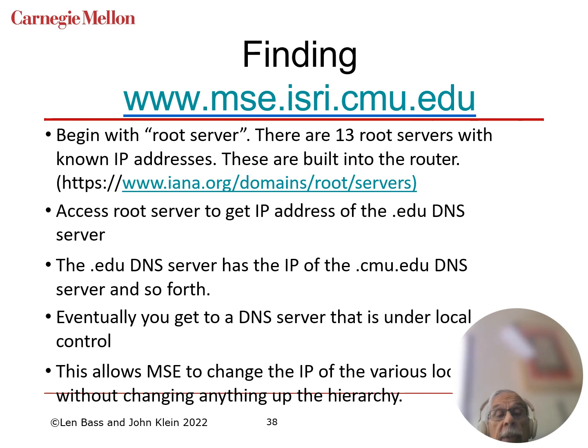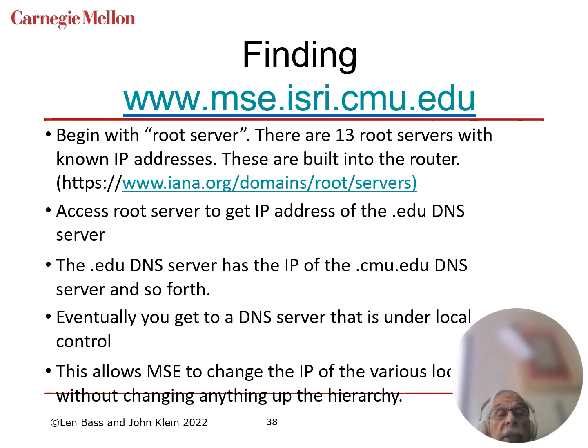And then what happens is the root server gives you the IP address of the .edu. So if you look at that URL that you're looking for, then the rightmost thing is .edu. You find the address of .edu from the root server. Then you look on .edu and you find the address of CMU. And then you look in CMU and you find the address of ISRI. And then you look in ISRI and you find the address of MSE.